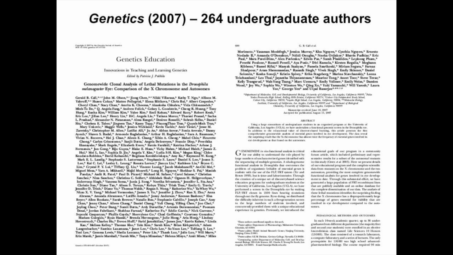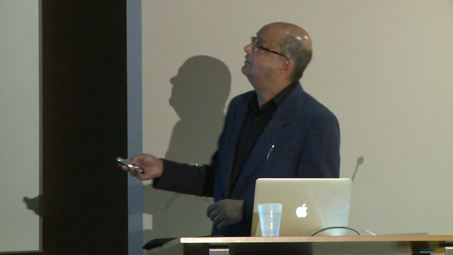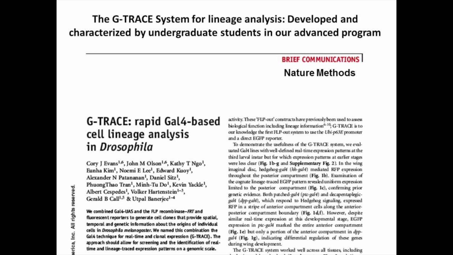I believe this is still the record of the number of undergraduate students on any publication, but we have now another paper which is supposed to go out pretty soon, which beats this number by a little bit, 300 something. Okay, so there are also various tools and techniques that come out.